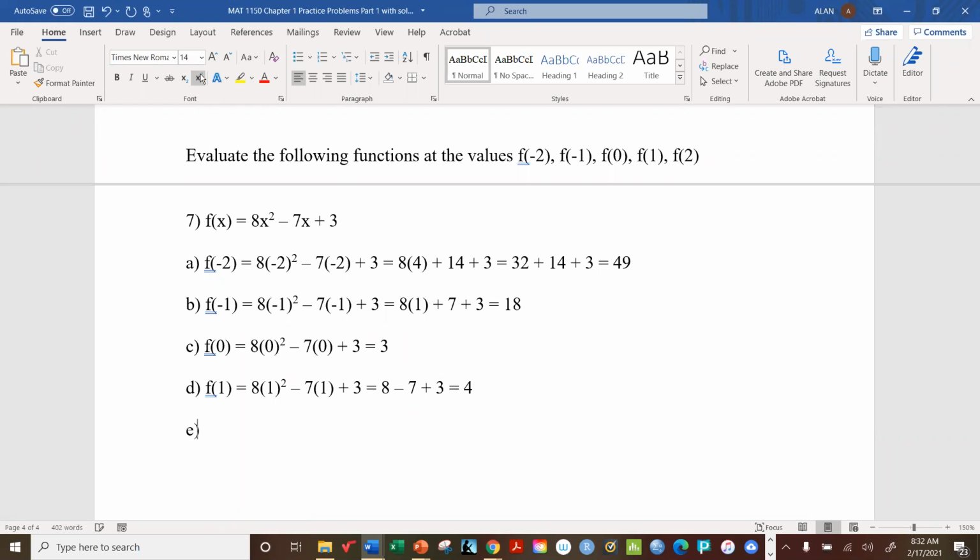Okay, and then finally E, f of 2 would be 8 times 2 squared minus 7 times 2 plus 3 equals 8 times 4 minus 14 plus 3 equals 32 minus 14 plus 3, which is 21. All right.